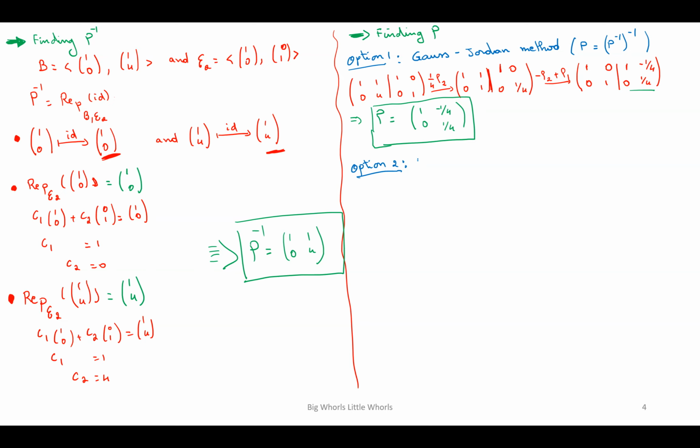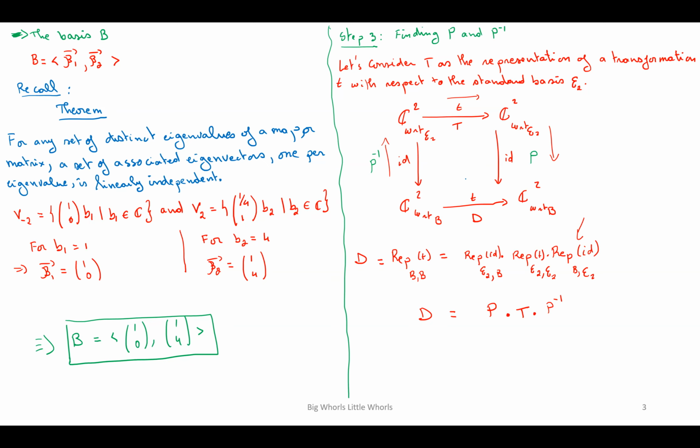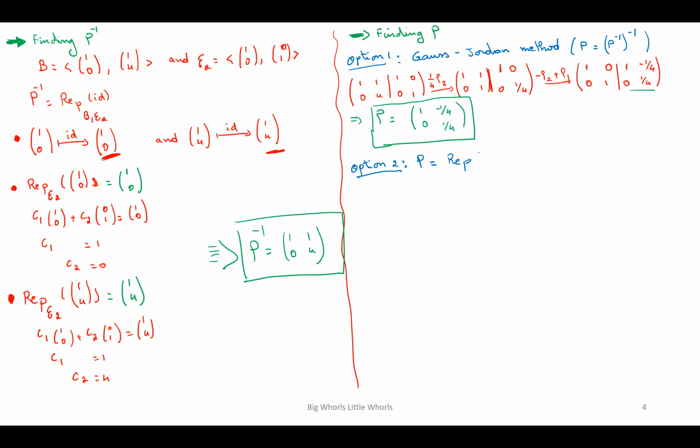Okay, let's find P by saying that P is equal to the representation. Let's look at our diagram again. P is the representation of the identity map with respect to E2 and B.